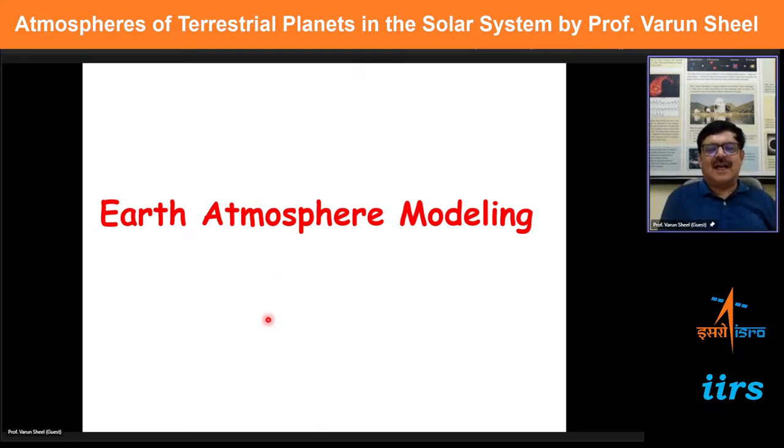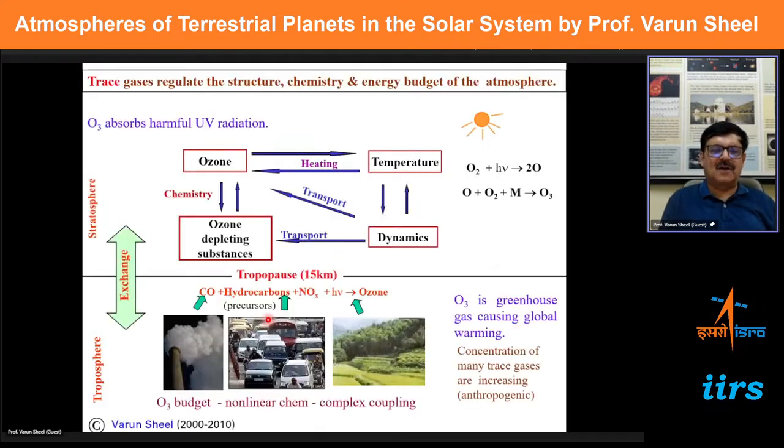Yeah, I would like to just end with a little bit of what kind of problems we have studied in the atmosphere of Earth in terms of modeling. For Earth, the lower heights and the upper troposphere systems are coupled to each other. And ozone, which is there in the stratosphere, plays a very important role here.